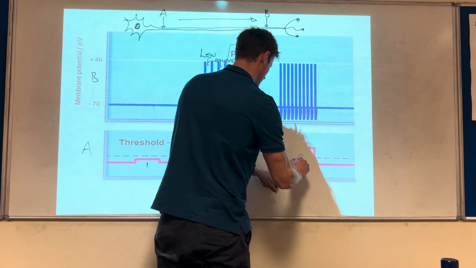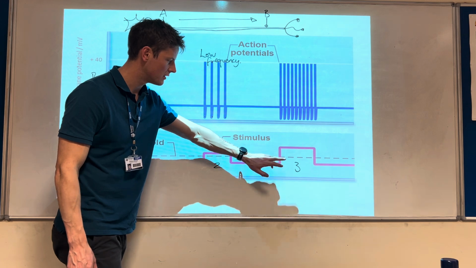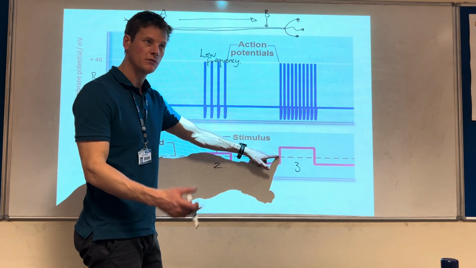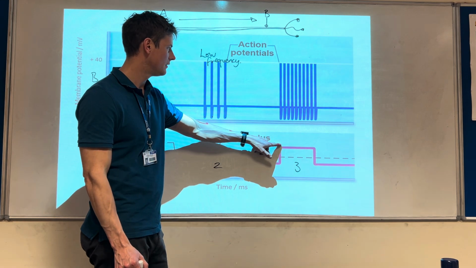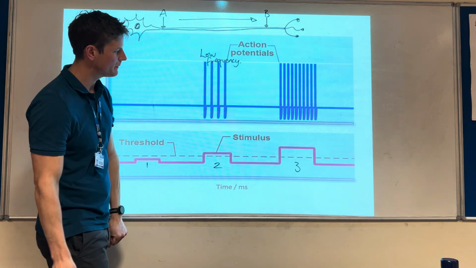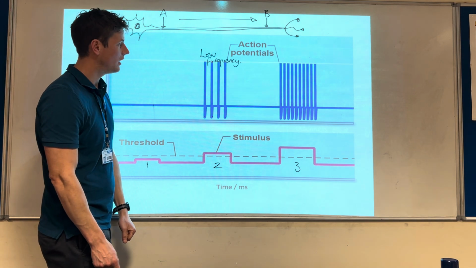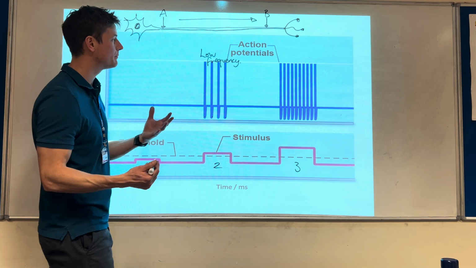This largest stimulus, number 3, largest stimulus, the most sodium ion channels open, and most sodium ions diffuse in. Remember, a large and a small stimulus are differentiated by their frequency.